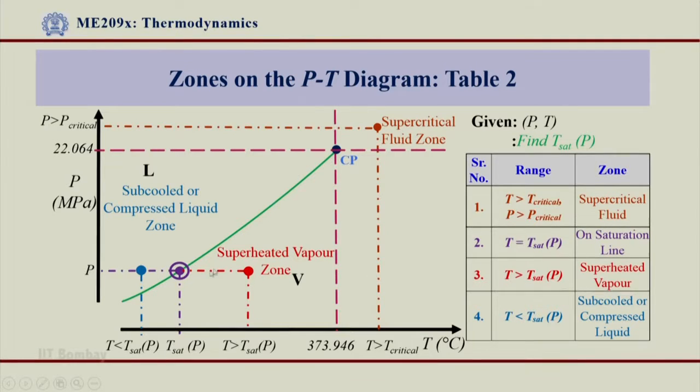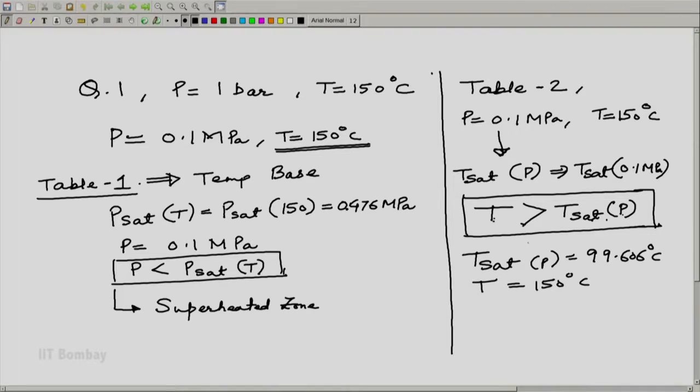That means we are over here, which is the same conclusion we got from table number 1. So, because T is more than T sat P, I will say that we are in superheated zone, alright. Whether we go by table 1 or by table 2, we are lying in the superheated zone only.